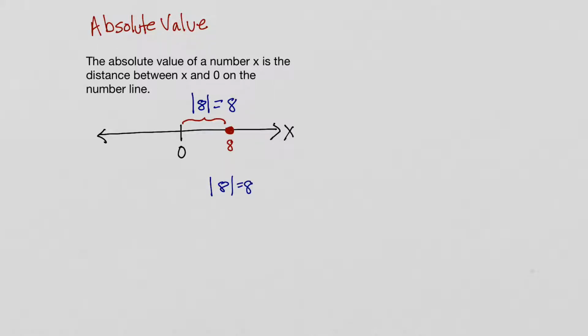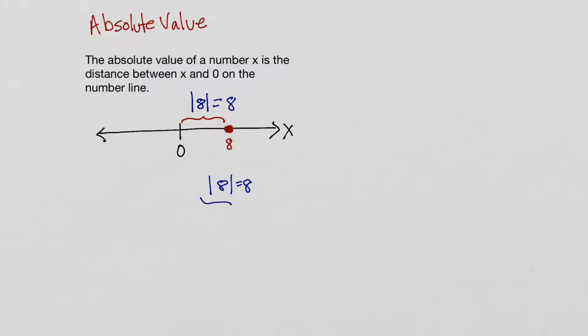And here's what it means in terms of our definition. The absolute value of a number x, now the number we're talking about is 8, so we put 8 there, right? The absolute value of the number 8 is the distance between 8 and 0 on the number line. So here's what this says. I'm going to write this in English here.